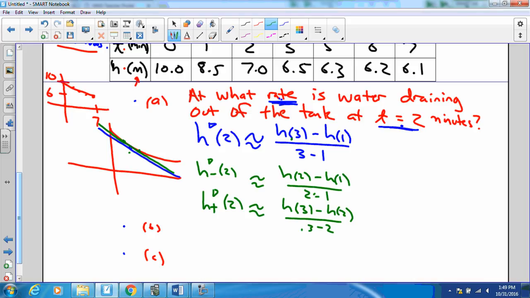Because these two numerators have the same size, the best estimate for h prime would be the average of these two values. When I average these two values, something miraculous occurs. The average of these two turns out to be exactly that.